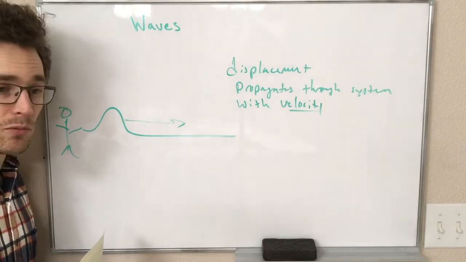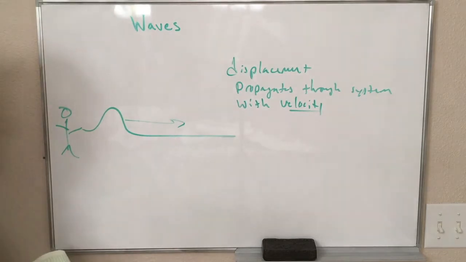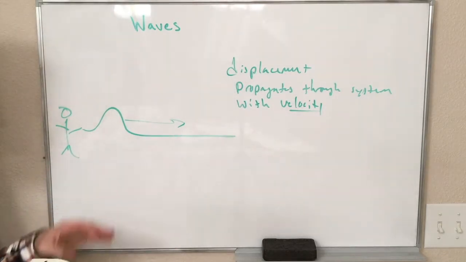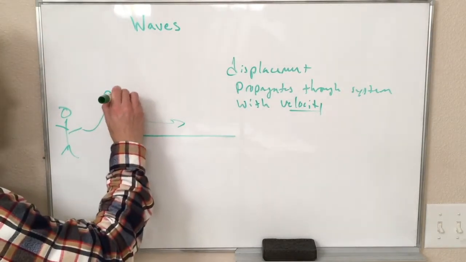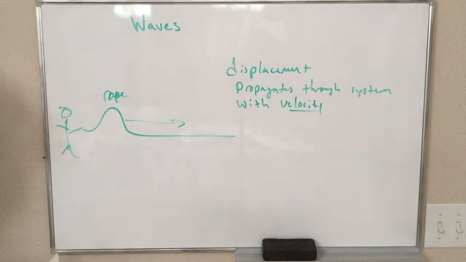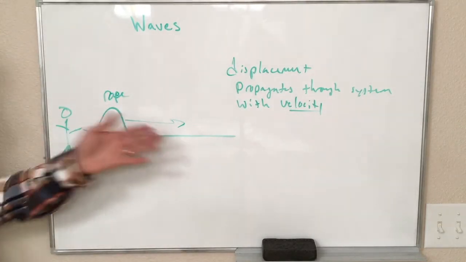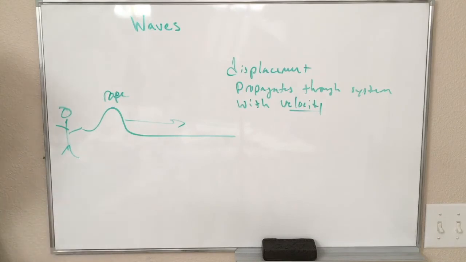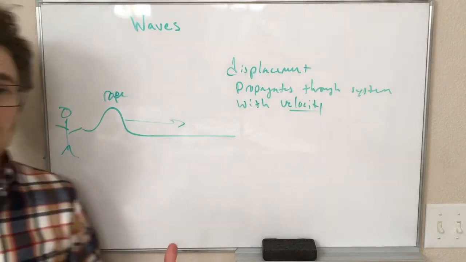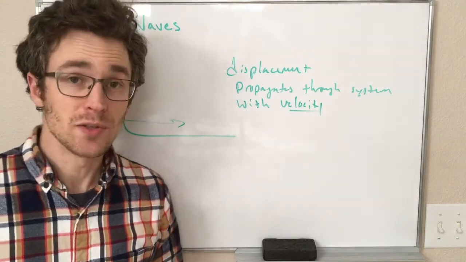So we can do careful controlled lab experiments where we can actually measure what this velocity is, and we'll have more to say about that later on. But this is actually a really nice system because it's really easy to analyze. All right, other kinds of waves we will talk about later include seismic waves.